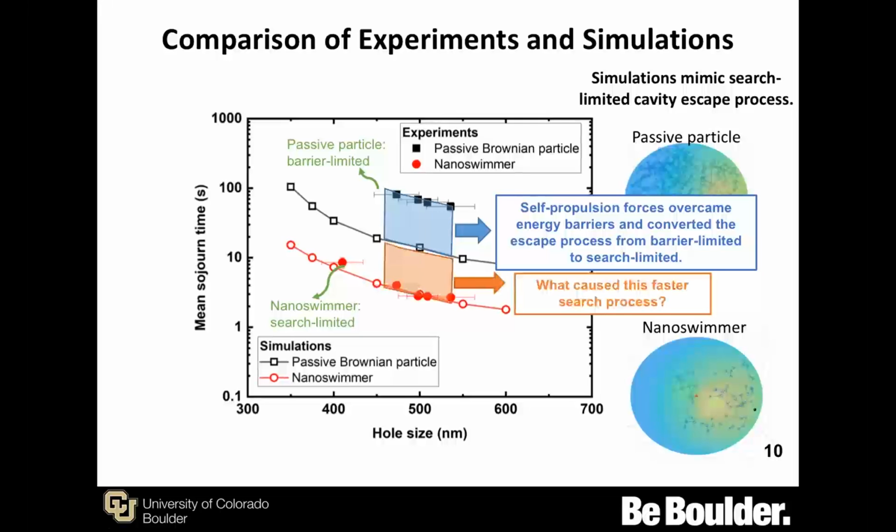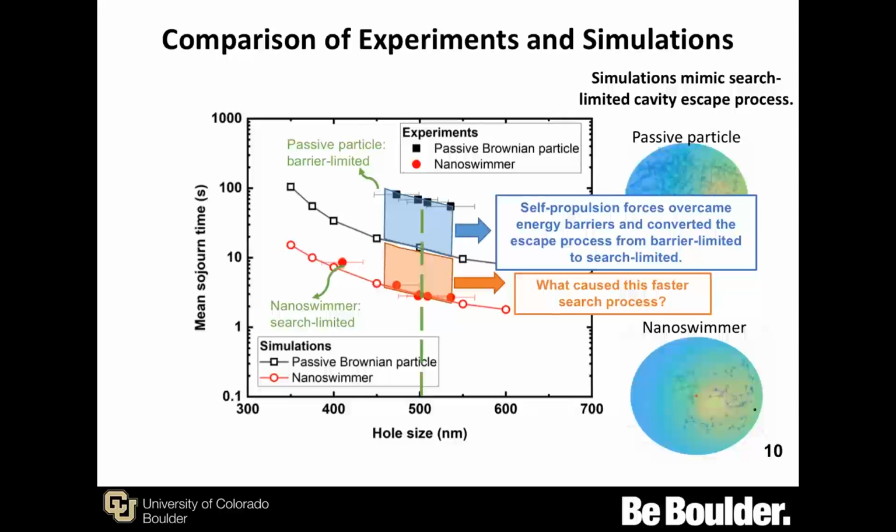The second thing is that we want to see the difference between the passive particle and the Nanoswimmers, which are so dramatically different. We want to see what the second part of the difference is, why it moves faster.